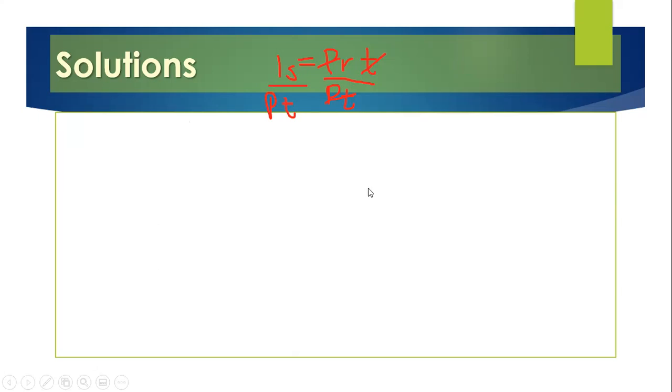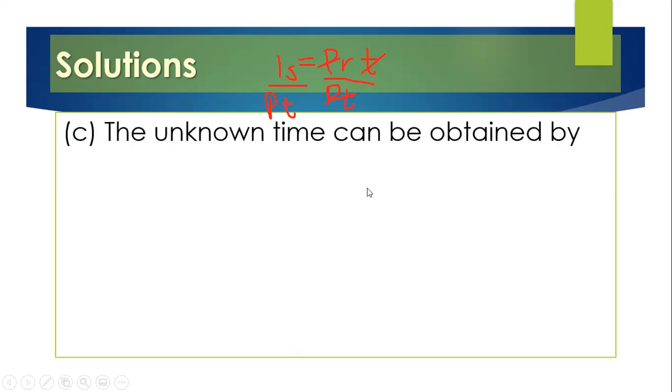For letter C, okay, ang nawawala naman ay yung time. Okay, so pwede ang mga tanong dito, humiram ako ng 5,000 pesos tapos may interest na 10%, simple interest. Tapos ang binayaran ko is 6,000. So magkano kaya or ilang taon kaya yung tinagal nung paghihiram ko ng pera. Okay?